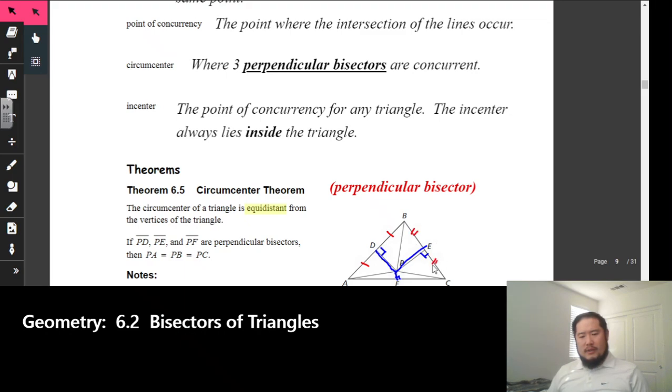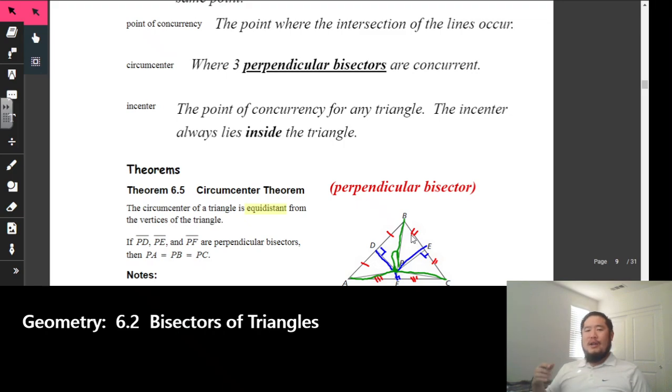BE is congruent to EC, and FC is congruent to FA. All of these need to be known in the diagram. Then what they're saying is that the distance from P to A, I'll highlight that in green, P to B, and P to C, those are all congruent or equal to each other.